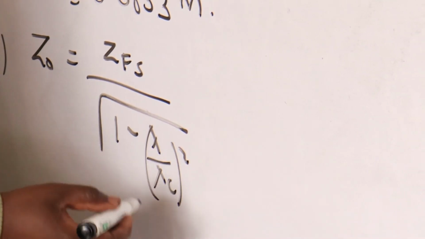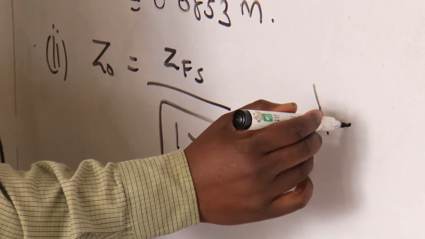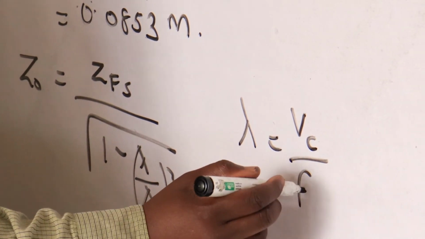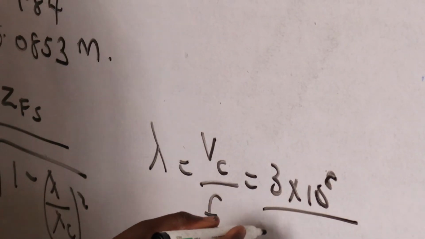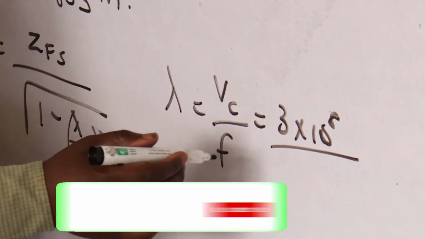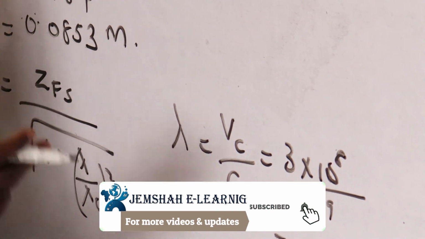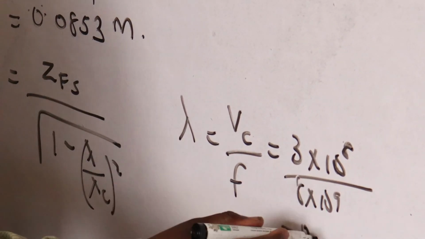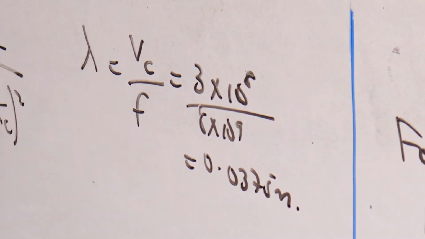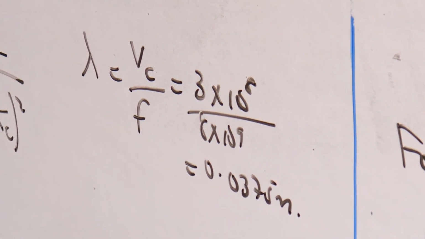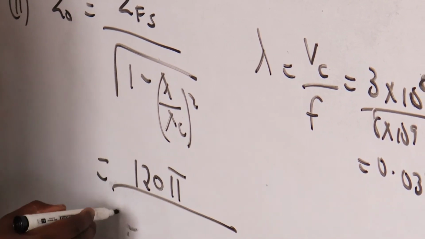We know lambda is supposed to be v c over f, which is 3 times 10 to the power 8 over our frequency of propagation, 8 times 10 to the power 9. When you divide this, we get 0.0375 meters.